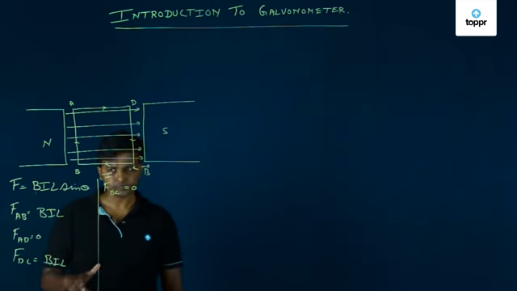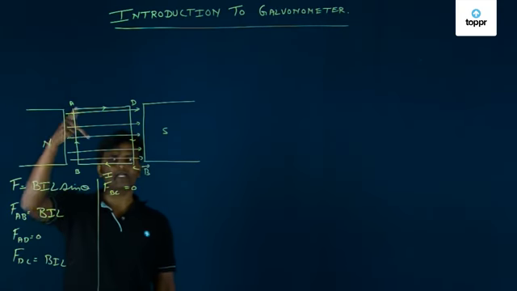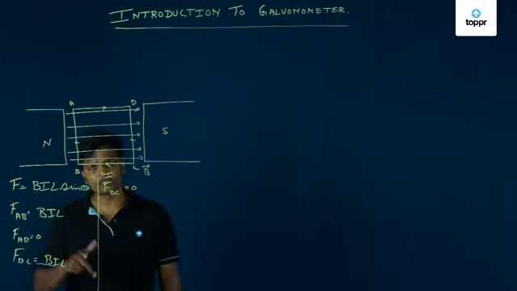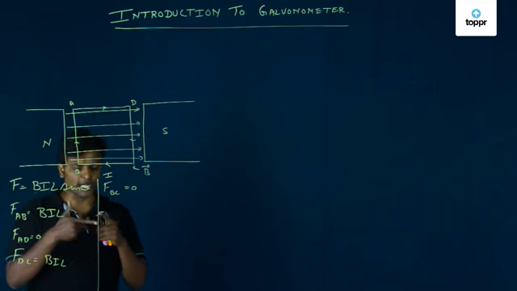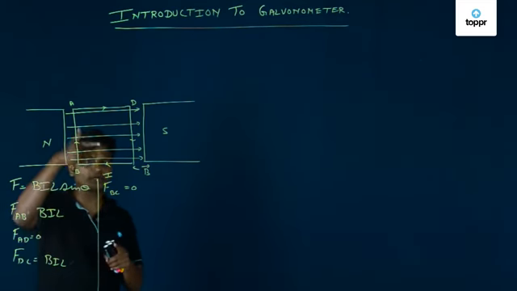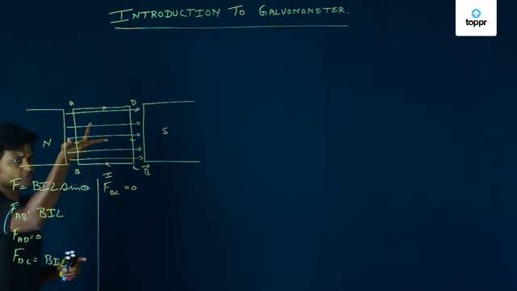Now I am using the same Fleming's left hand rule on part AB of this coil. I want to find the direction of the force. I know the direction of the magnetic field and I know the direction of the current. Magnetic field is in this direction, current is in this direction. That means the direction of the force is inside.